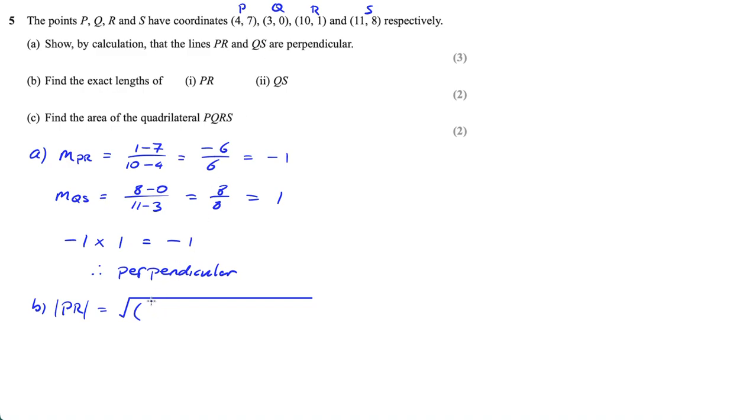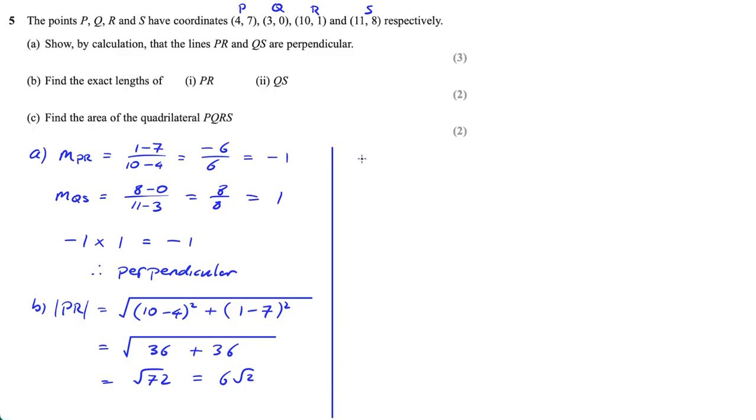So 1 minus 7, x2, 10 minus 4 squared plus y2 minus y1, which is 1 minus 7 squared, which is the square root of, well, that's 6 squared, which is 36, and that's also 6 squared, 36, so it's 36 plus 36, which is root 72. Root 72, guys, if you want, is actually root 36 times root 2, which is 6 root 2. Okay, so that's PR.